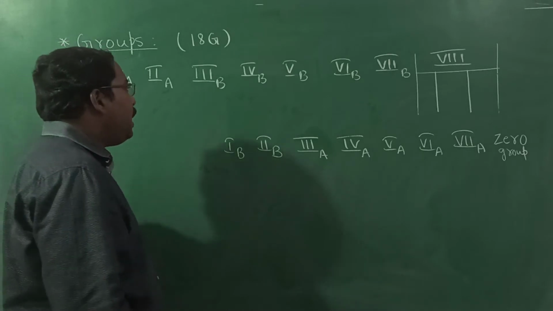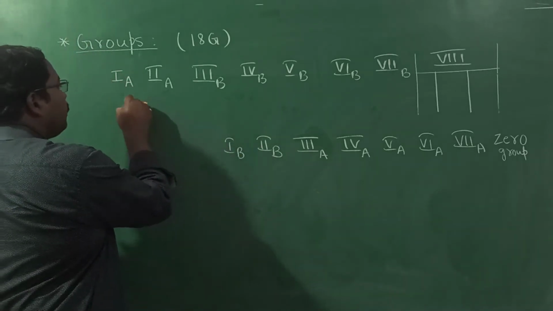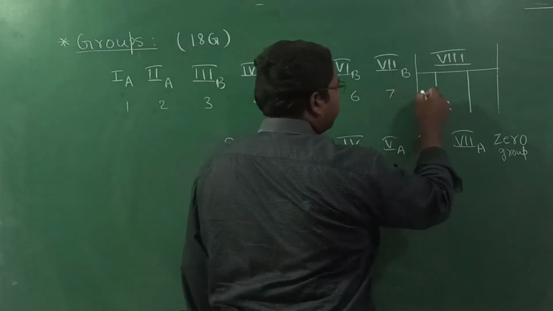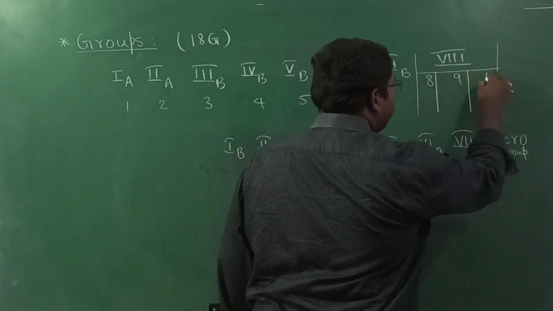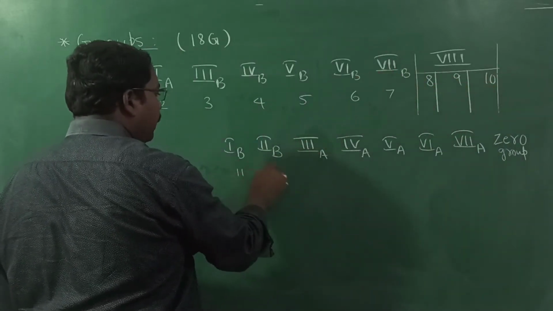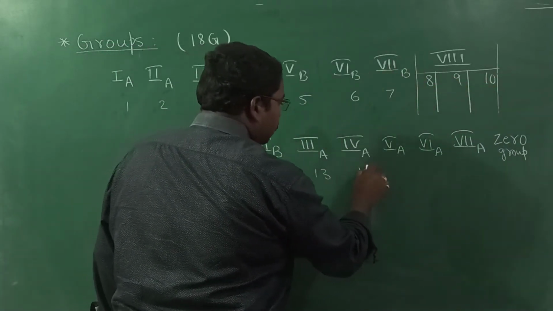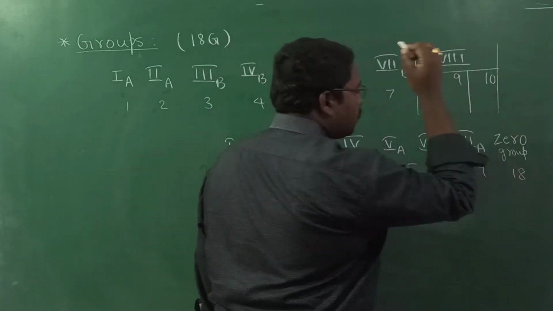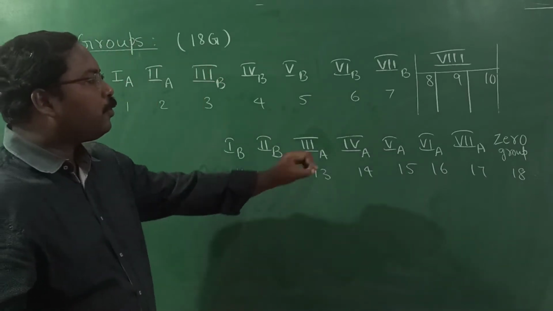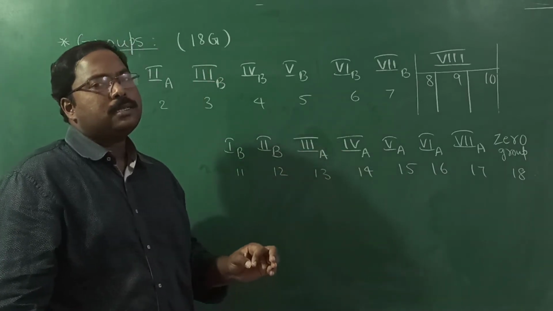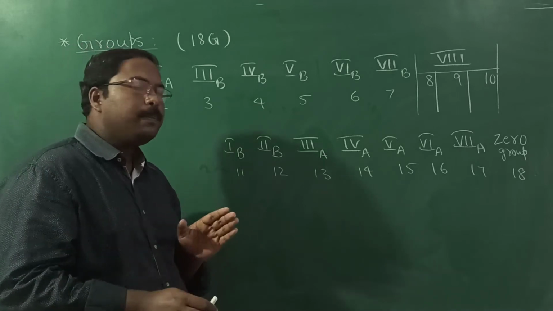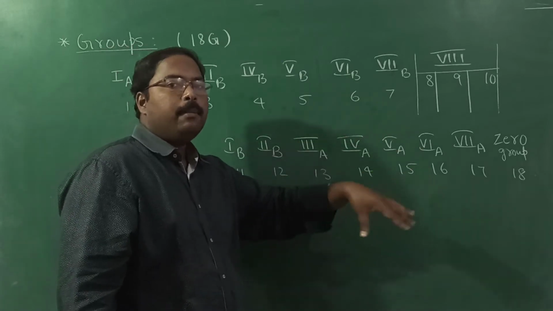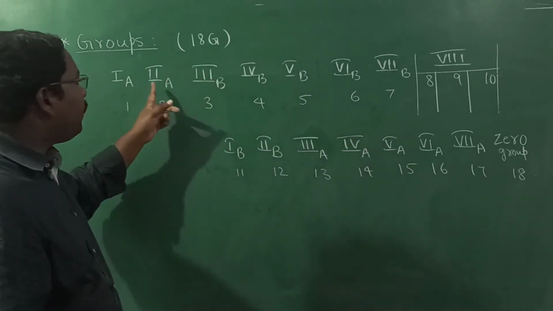With normal numbering, this is first group, second group, third, fourth, and so this will be 8th, 9, 10, 11, 12, and so on. So the total number of groups is 18. Nowadays, in all textbooks also we simply represent the groups with normal numbers 1 to 18. But previously they used this type of numbering.